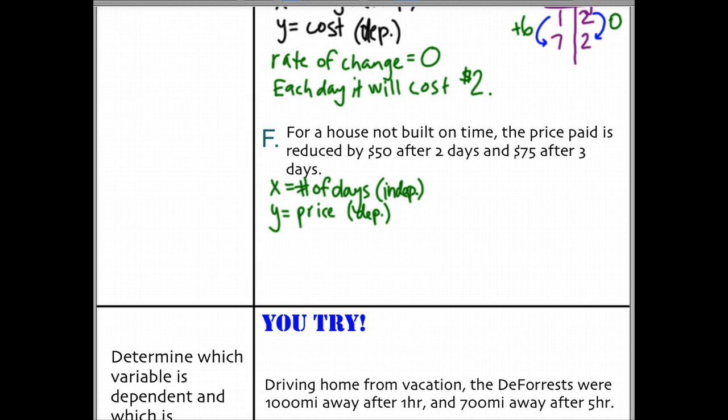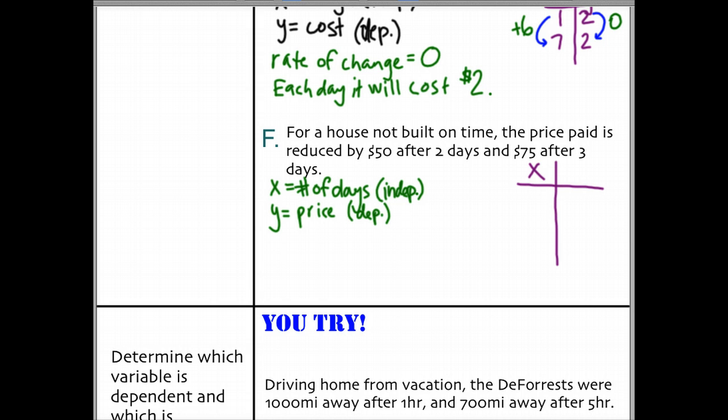Now let's go ahead and draw that chart in, x and y. So the first day, it's reduced by 50, so we're going to have minus 50. And 2 days after, so now let's make our nifty chart in the corner.